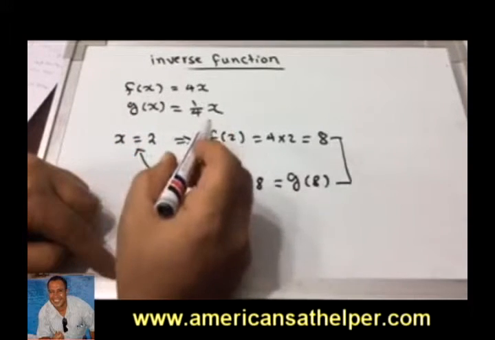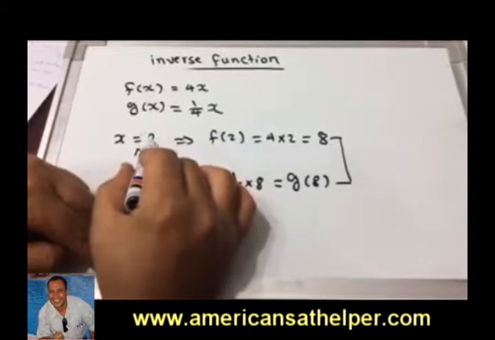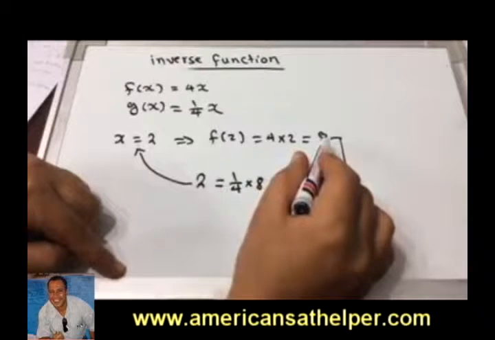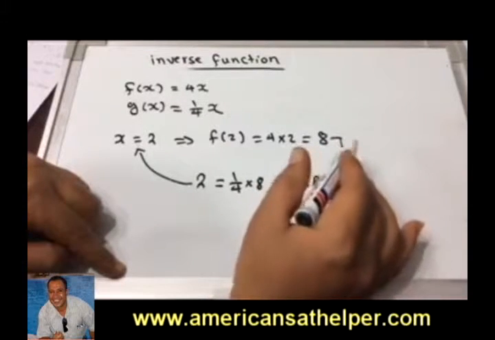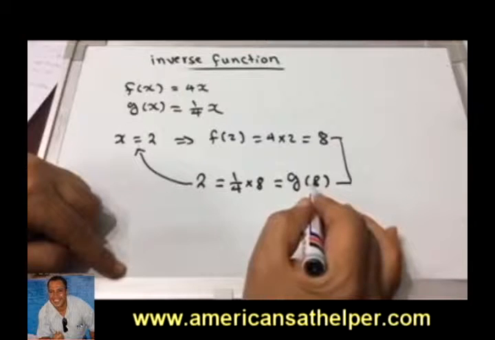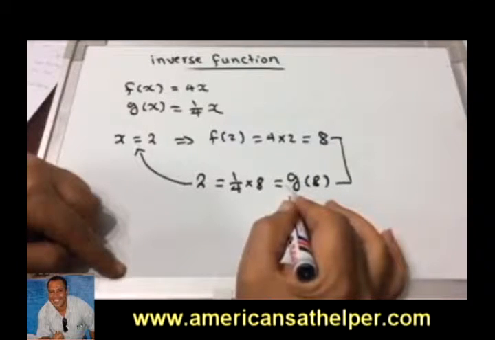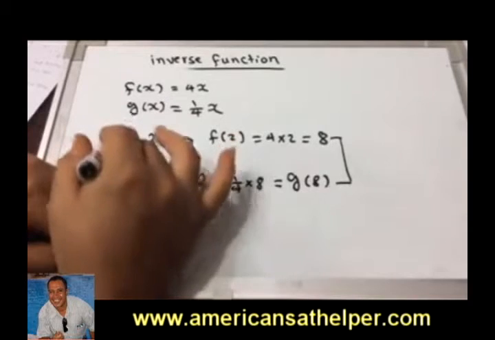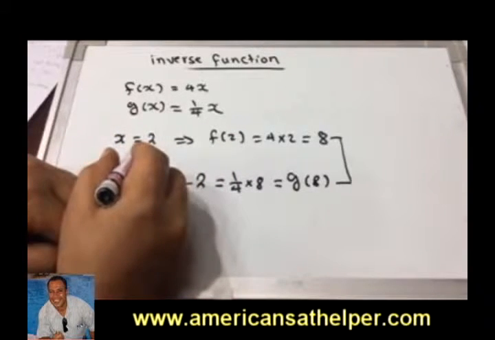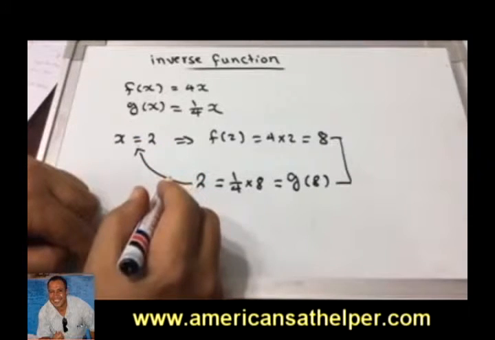Notice we started in the function with x equals 2, and we get some new number, and we plugged this new number in the other function. After calculations, we are right back to the starting x value.